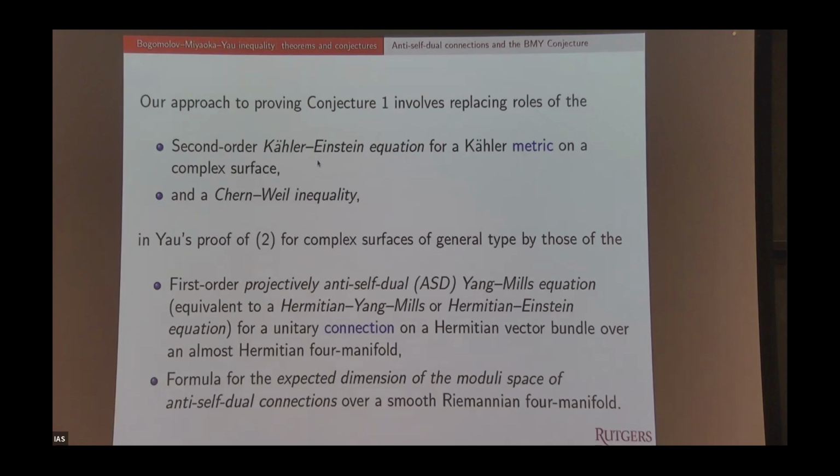So we replaced the Kähler-Einstein equation effectively with a version of the Yang-Mills equation. We're interested in proving existence of a certain Yang-Mills connection with rather tight constraints that I'll explain shortly. And then the inequality will come from, in fact, an unexpected place: the expected dimension of a certain moduli space of anti-self-dual connections over a suitable bundle.